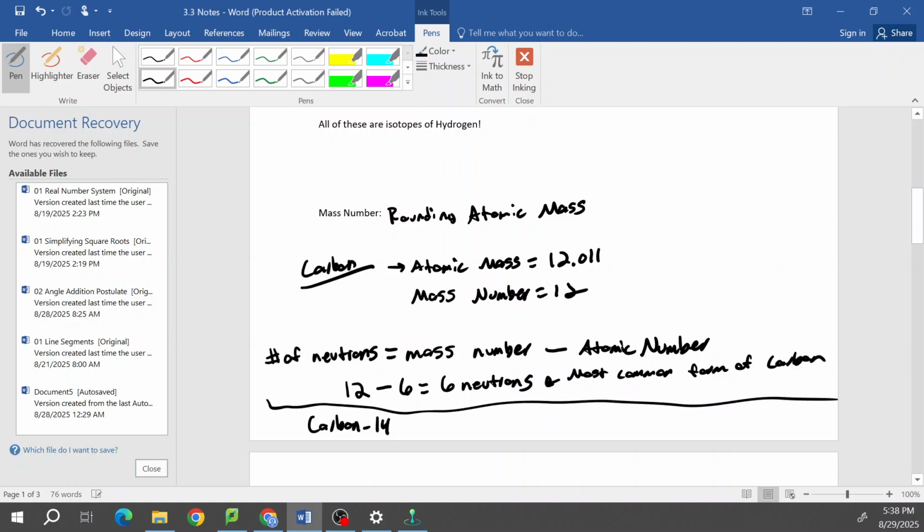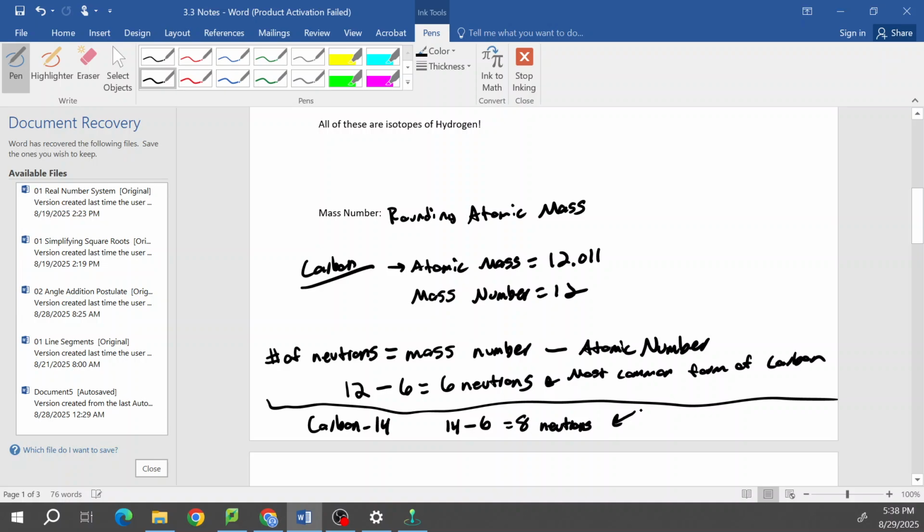So if I give myself just a little bit of room at the bottom, carbon 14, well, it's carbon with a mass number of 14. So if I want to find the number of neutrons here, I can take 14 minus 6, because again, carbon has an atomic number of 6. And 14 minus 6 is actually 8 neutrons.